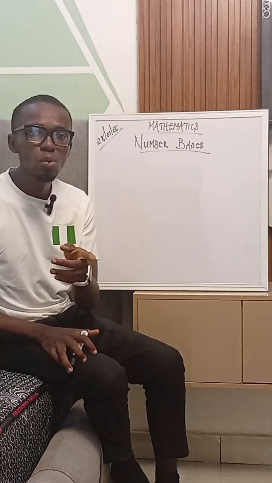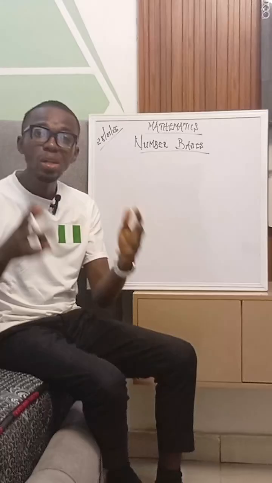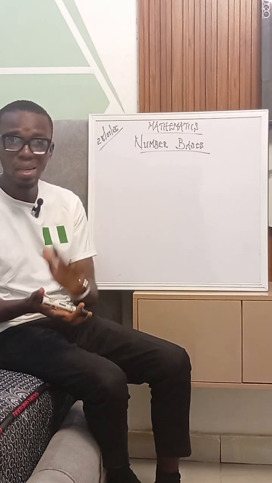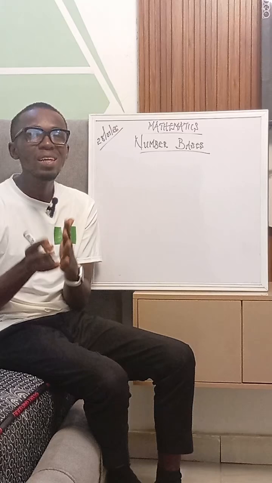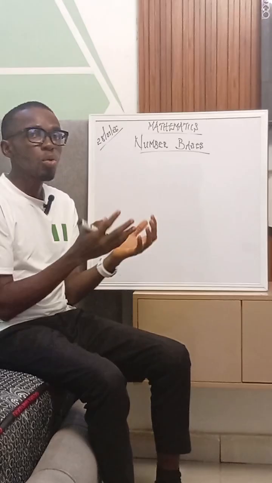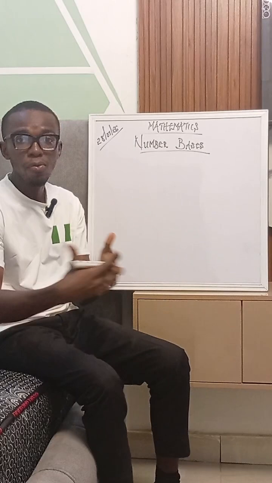Before we look into all of these things, let me say this quickly. When you are asked to add numbers in different bases, please note that they cannot be added together directly. Why? Because number base is a system of counting numbers. Imagine you had a group of 5 apples, and in another store you had a group of 4 apples.